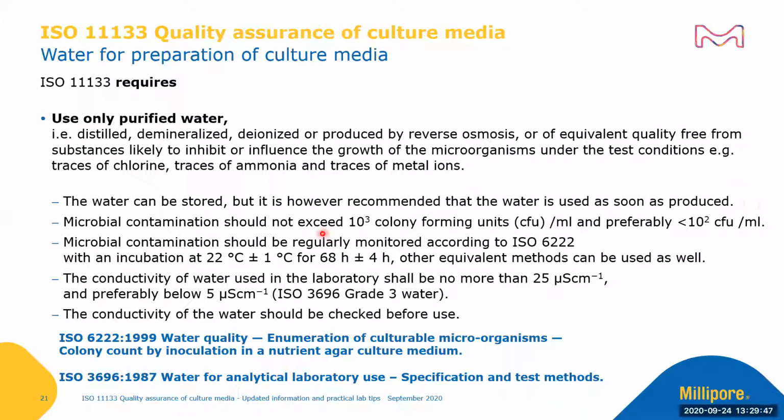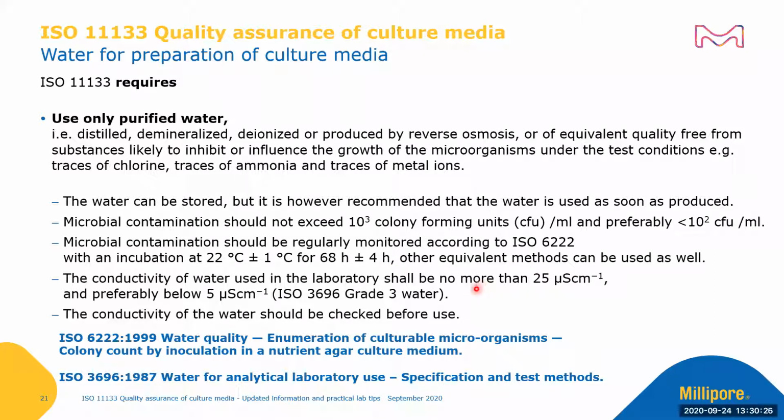Microbial contamination should not exceed 1,000 colony-forming units, CFU per milliliter, and should preferably be below 100 CFU per milliliter. Microbial contamination should be regularly monitored according, for example, to ISO 6222, water quality enumeration of culturable microorganisms, colony count by inoculation in a nutrient agar culture medium, with an incubation at 22 degrees for 68 plus or minus 4 hours, but also other equivalent methods can be used.